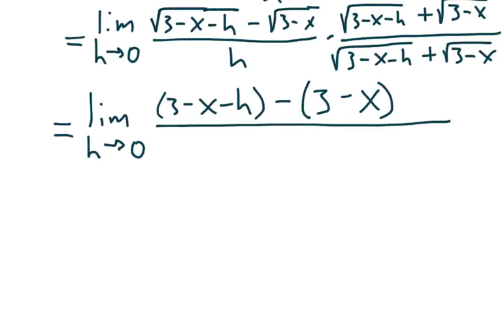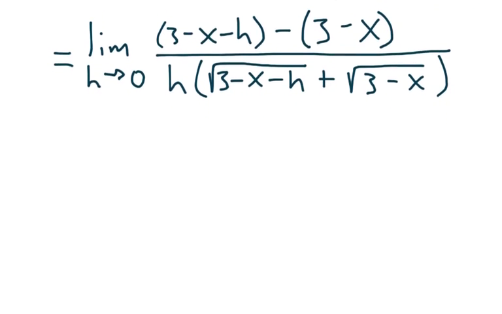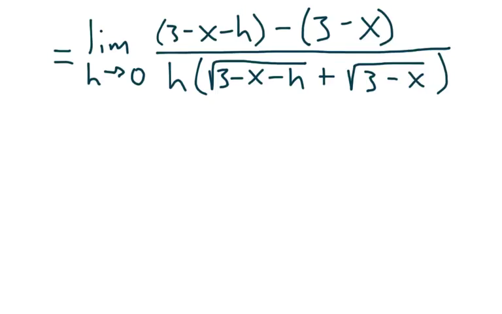This is all divided by h times the square root of 3 minus x minus h plus the square root of 3 minus x. Taking a look at the numerator, when we distribute the minus, which makes that a plus, this a minus, and this a plus, we see lots of cancellation.